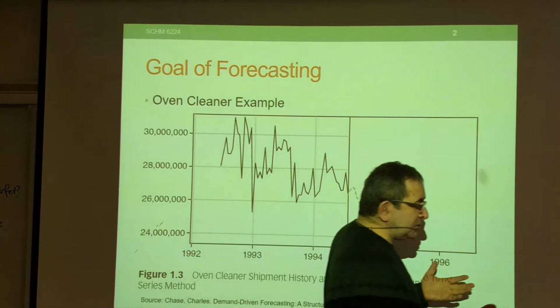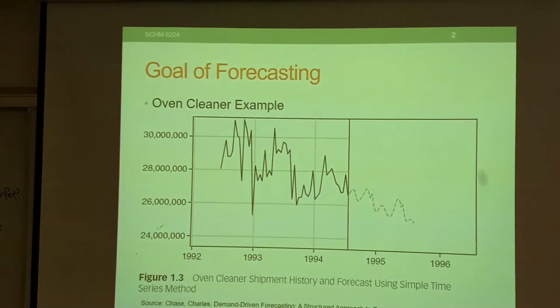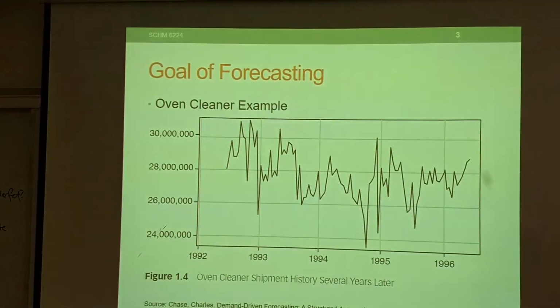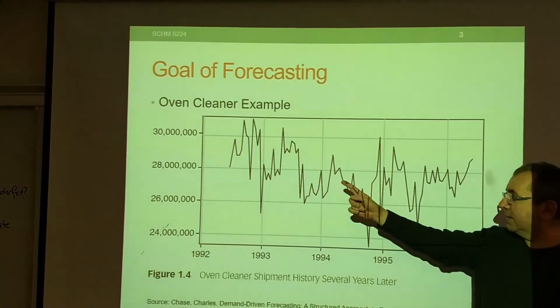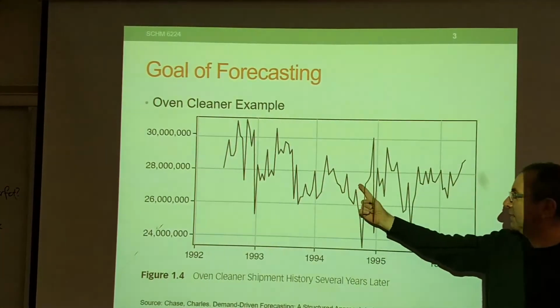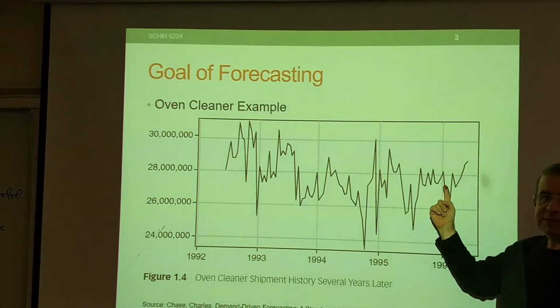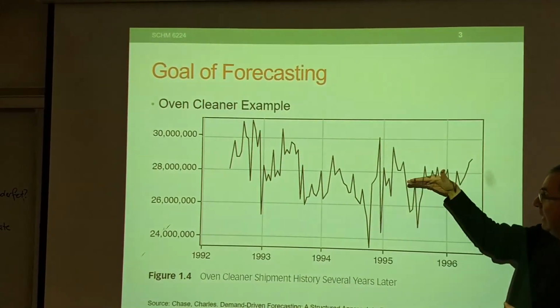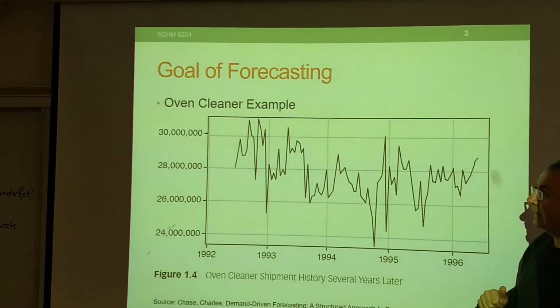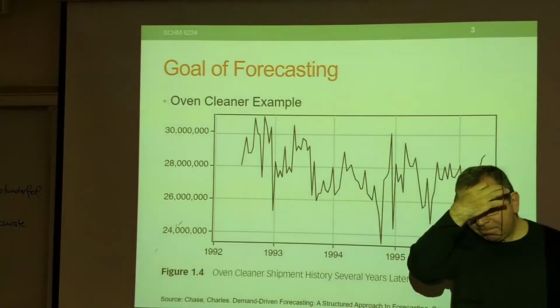And when they repositioned the product, they changed the trend. This downward trend was stabilized. So they could stay in the market, they could keep producing the oven cleaner.